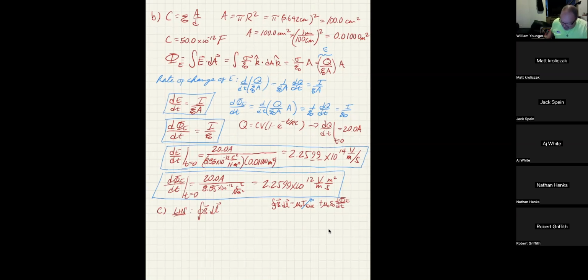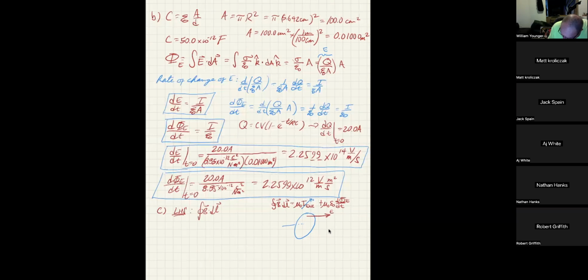Now, if we look at the positive plate, and I'm going to look at it from a bit of a skewed angle, what we know is the wire comes in perpendicular to the plate, and then the electric field lines stick out perpendicular to the plate.